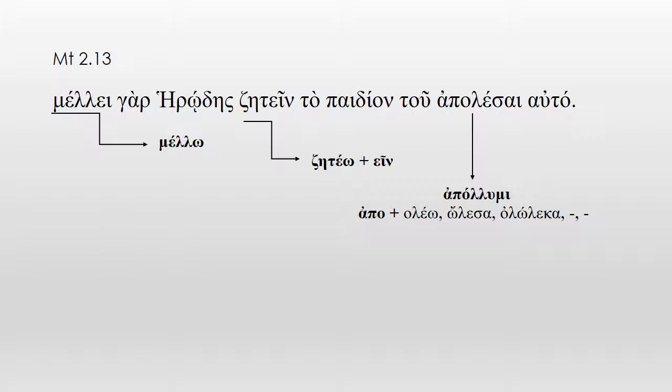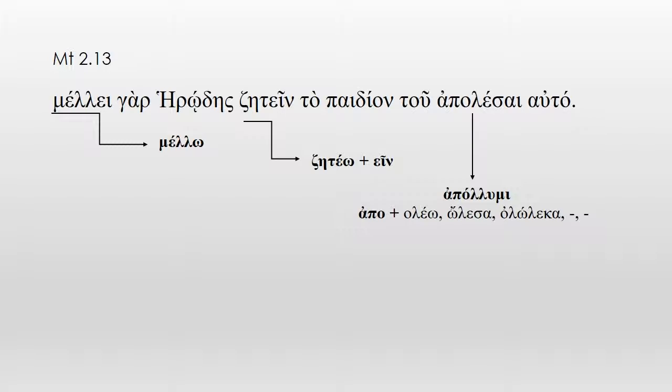Okay, that's the key. Now, the rest of the verse 13. Meli. Meli means, as in from the verb melo, he will, I will. I'm about to do something. I plan to do something means melo. Now, I plan to do something, right? To, infinitive, to do.